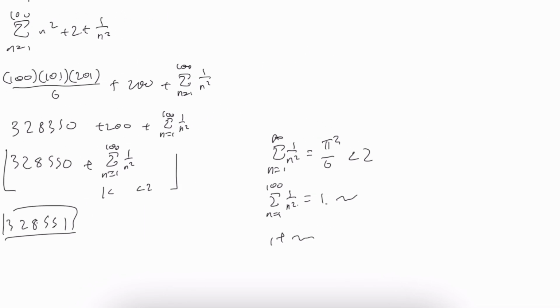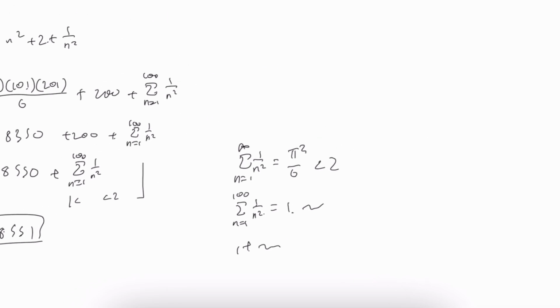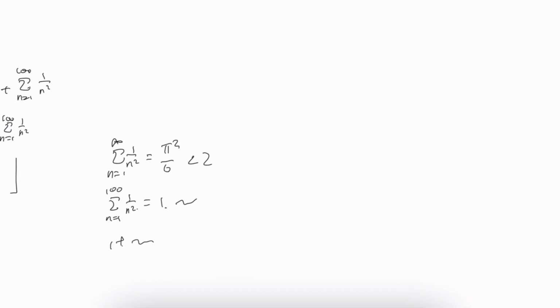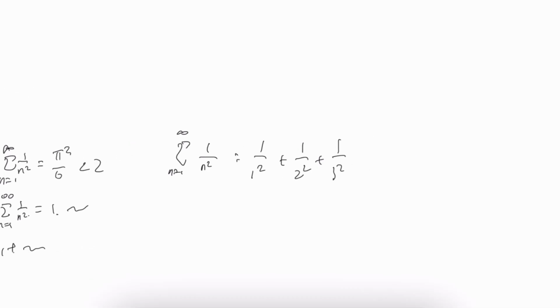But if you don't remember this fact, you can still bound it by considering the sum as 1 over 1 squared plus 1 over 2 squared plus, I'll write out the first few terms.